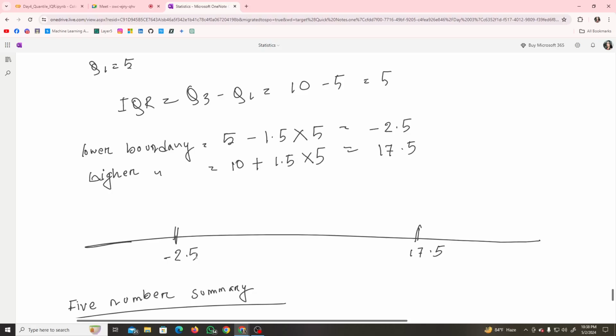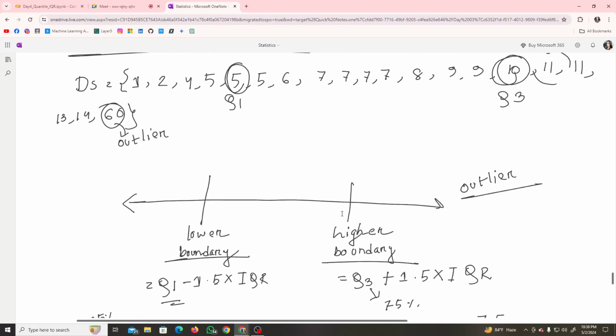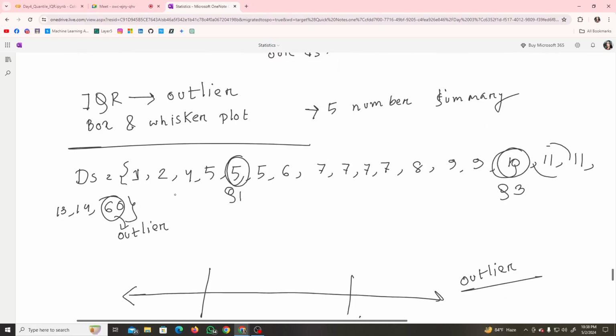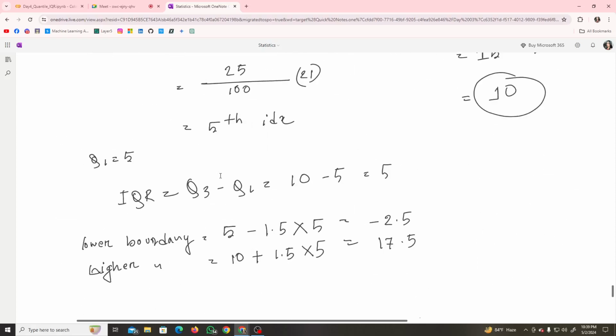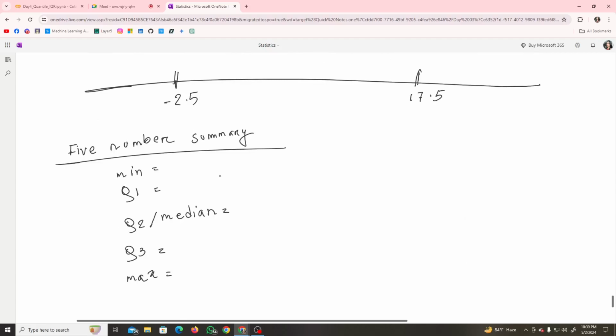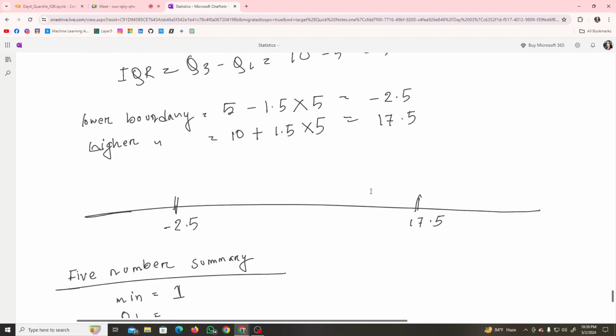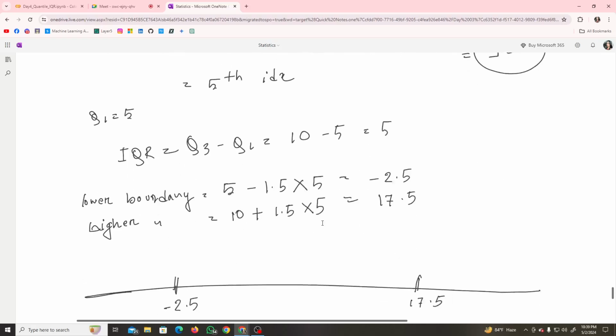The boundary is minus 2.5, so we can consider 1 as our minimum value. Suppose the lower boundary was 7, then we would have to choose 7 as our minimum value. Guys, you get my point? We have to choose the minimum and maximum after setting that boundary, setting that range. So 1 is our minimum value here, and we found Q1 already, which is 5.